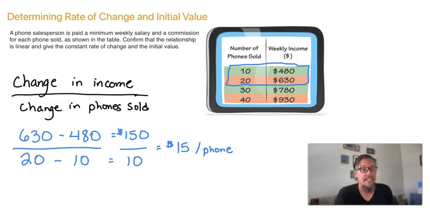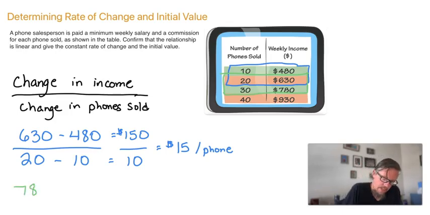To know if it's linear, we have to know, is that the same rate of change for 20 to 30 phones and from 30 to 40 phones? Were we paid $15 a phone every single time? Is it constant? So let's look at our next pair. Were we also paid $15 per phone when we went from 20 phones to 30 phones? The math here is the same.